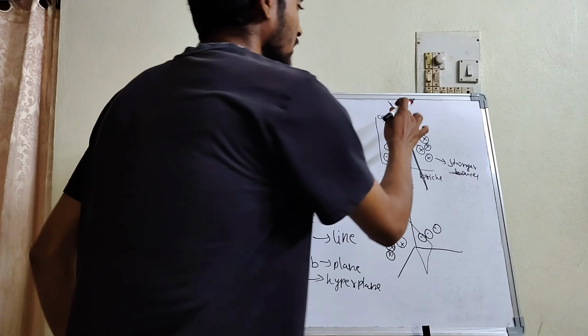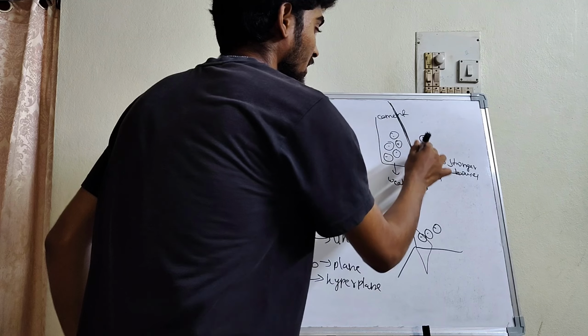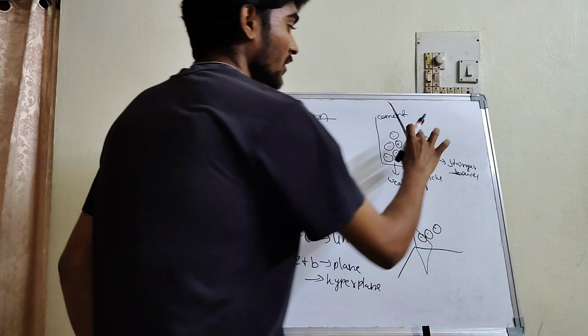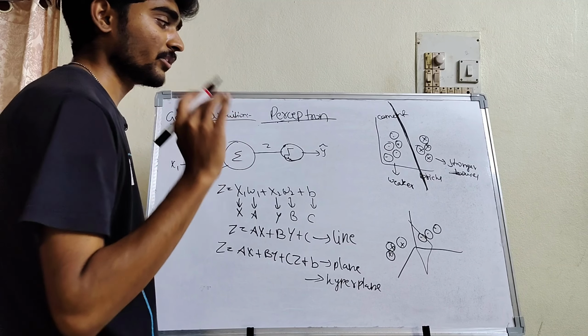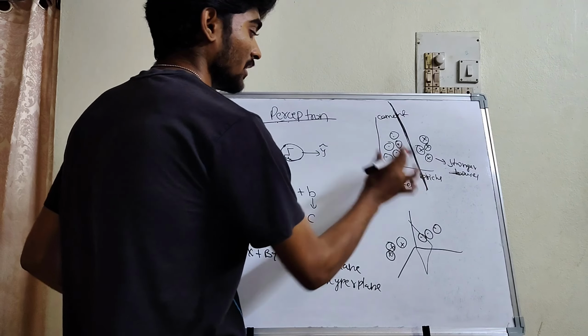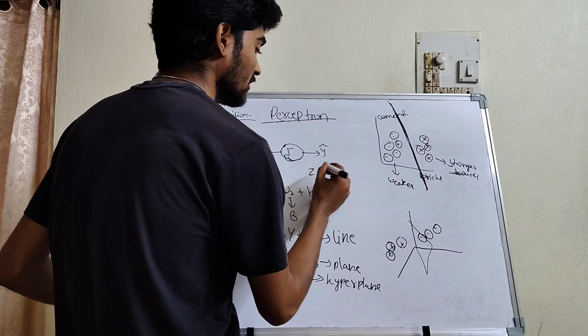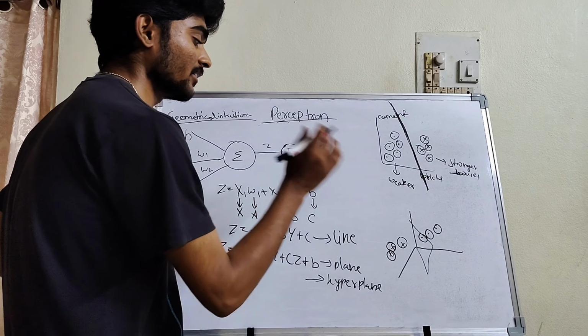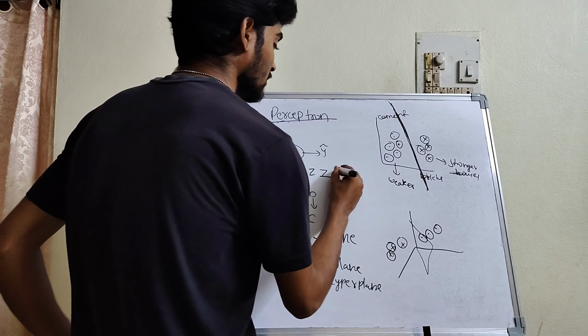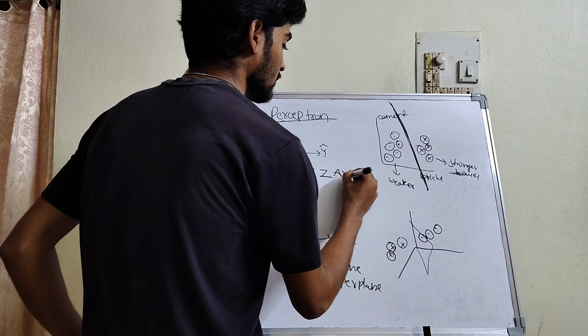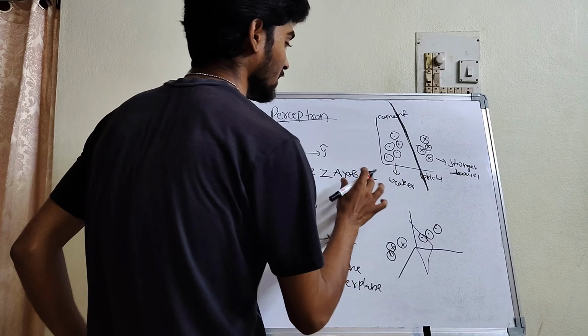You observe that the line is created here, right? Means above this line is one class, below this line is another class. Means you can write your data as for one class, when the newly calculated z value is greater than or equal to this ax plus by plus c line.